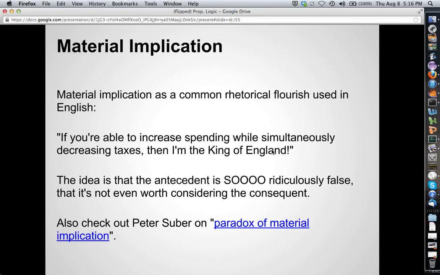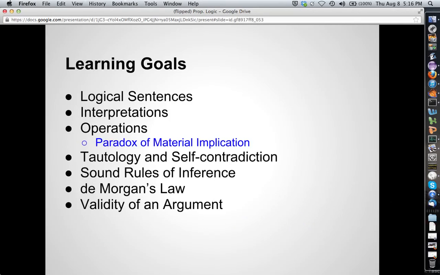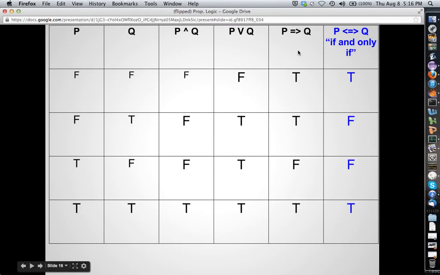So, once again, this little rhetorical flourish, if X, where I strongly believe X to be false, then something that's obviously false, like I'm the king of England. In fact, I'm not the king of England, it turns out. So that's the paradox of material implication. And just to return here, remember, if P implies Q, the only way to make this false is to show that P is true and Q is false.